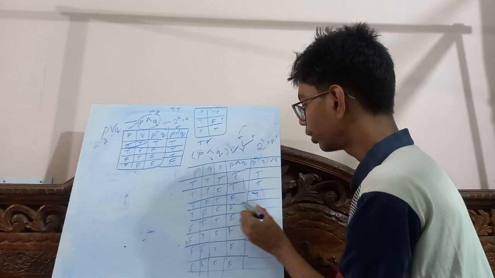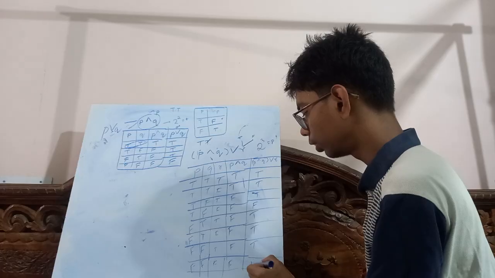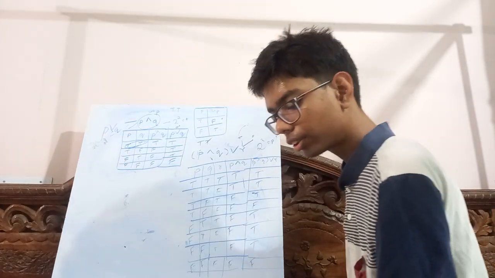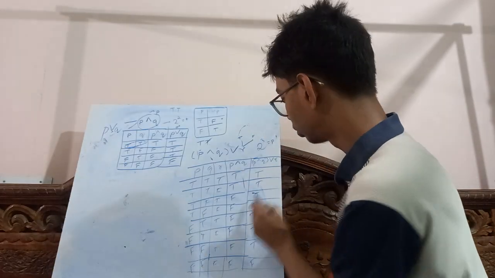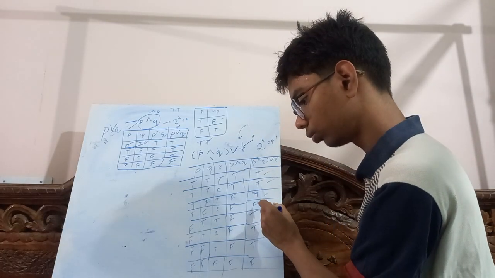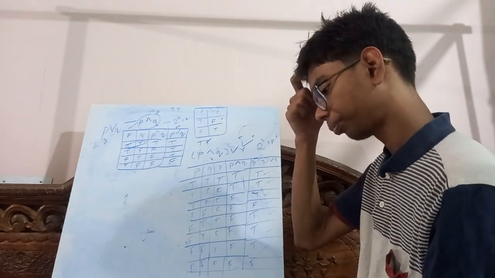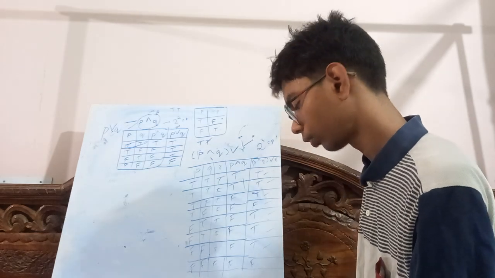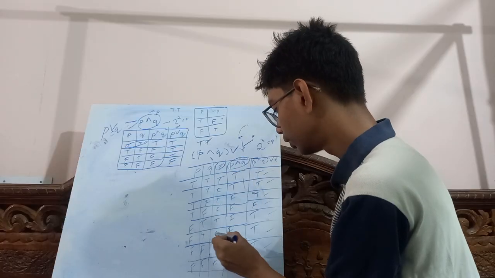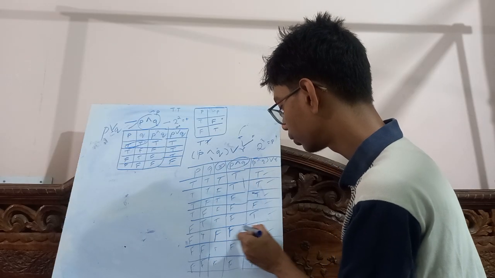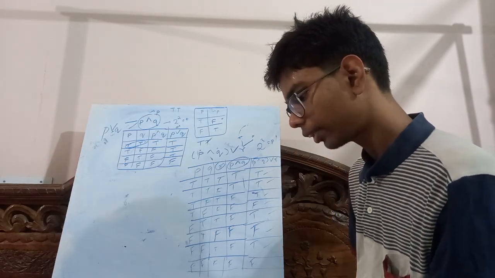If both are false, then false. So this is also the final answer. Just a second. This and this is false. This both is false, so this will also be false. Now it is correct, right?